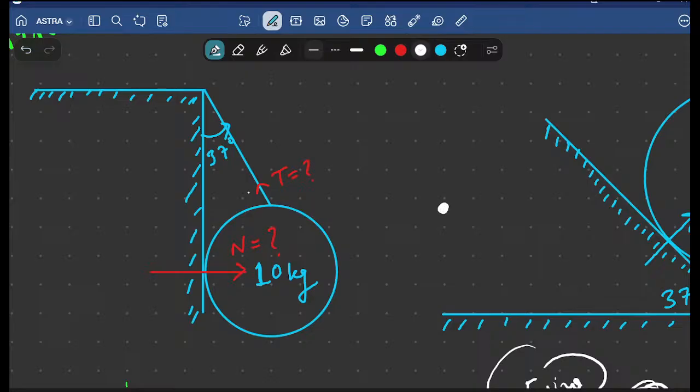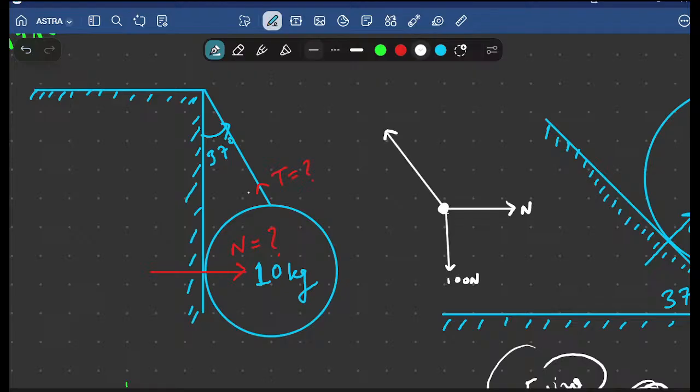This is a 10 kg mass. 100 Newton is acting in the downward direction. I hope it is understood to everyone. This is normal force. And this is tension, something like this.